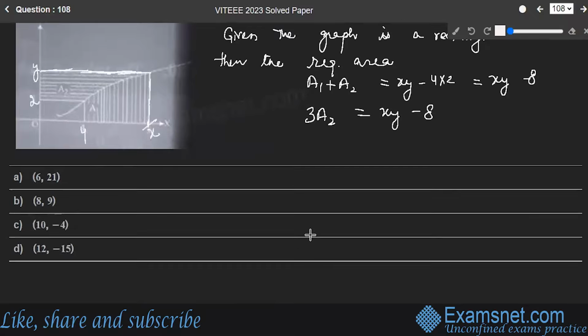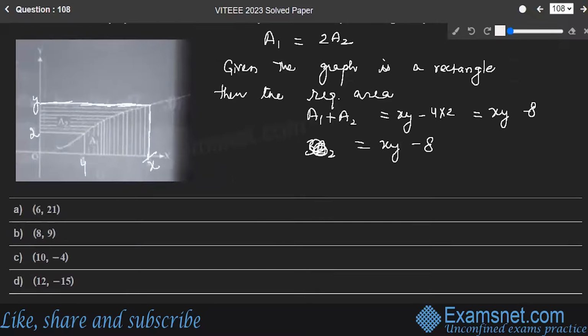Now, if I put A1 as 2A2, this gives me 3A2 equal to xy minus 8. Taking it in the form of A1, A1 is equal to A1 plus half of A1, so 3 by 2 A1 is equal to xy minus 8, or A1 is equal to 2 by 3 xy minus 16 upon 3.